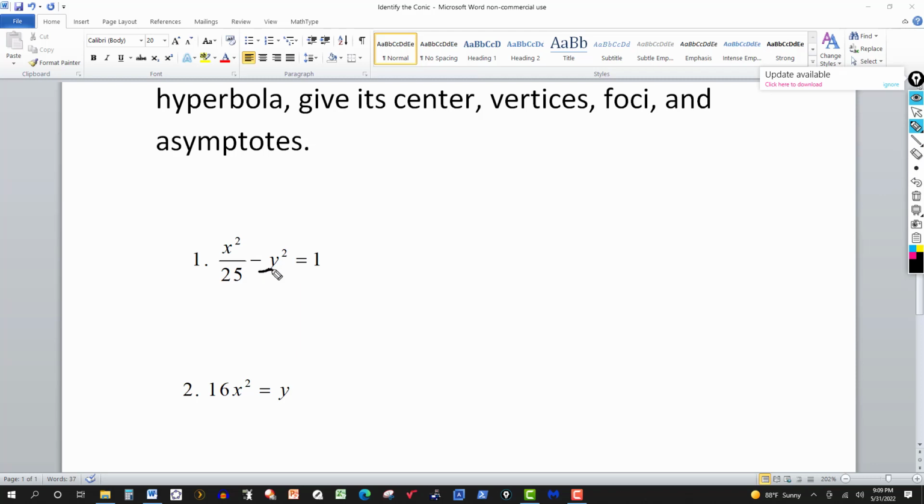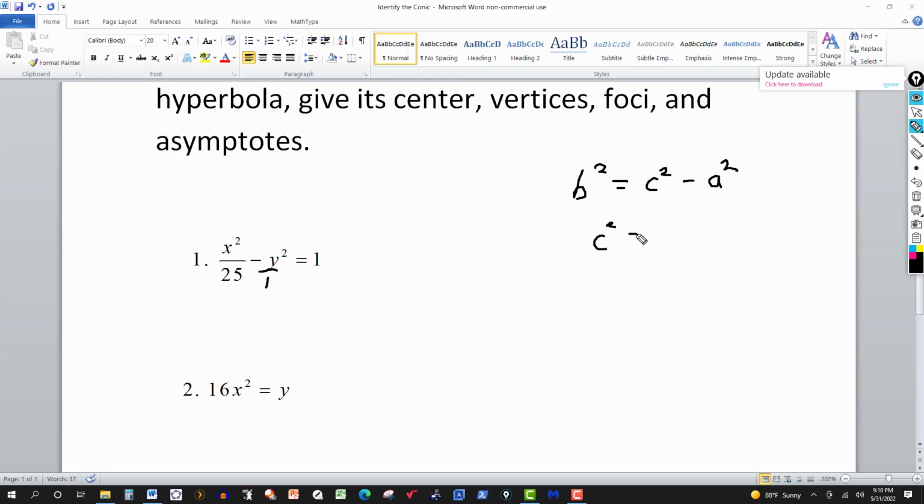And I can put a 1 under this. For the hyperbola, we know that b squared is equal to c squared minus a squared. And the a squared for the hyperbola is always under the term that has the positive coefficient, which would be the x squared in this case. So you would also figure out that it has a horizontal transverse axis.